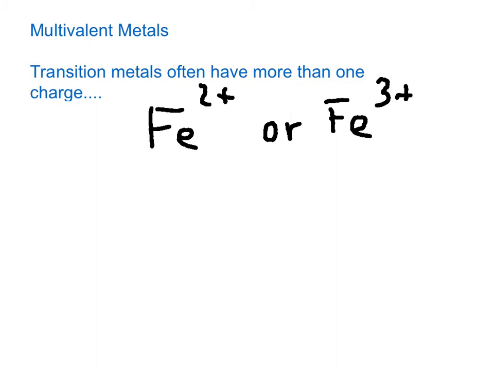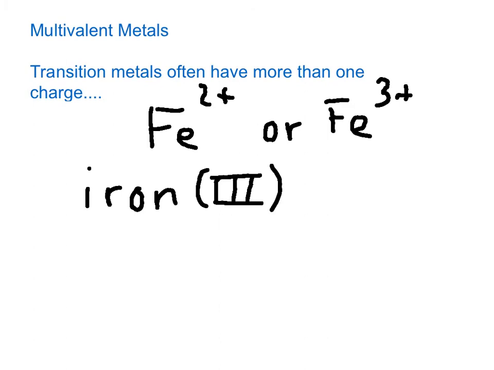So you want to really pay attention to the name of the compound. If the compound were named iron 3, and we use Roman numerals to show which version of the ion it is, so you're going to want to know your Roman numerals from 1 to 5 should be fine. So we have iron 3 oxide.